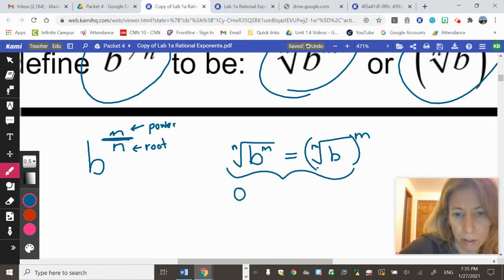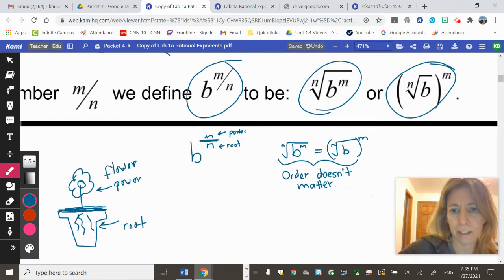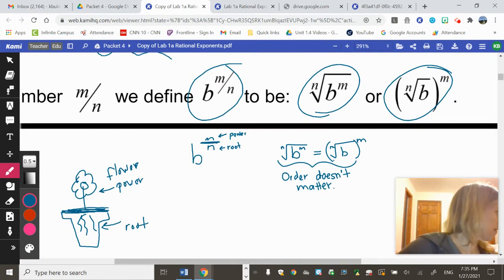Sometimes it's easier to do the root first and then the power, and other times it's easier to do the power and then the root. We'll discuss that when we do some examples.